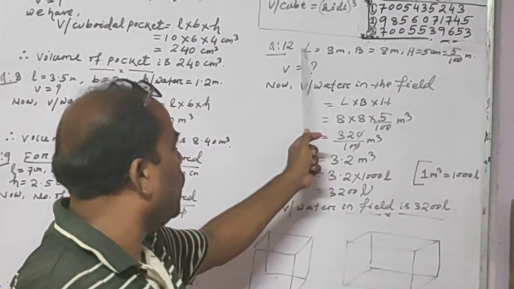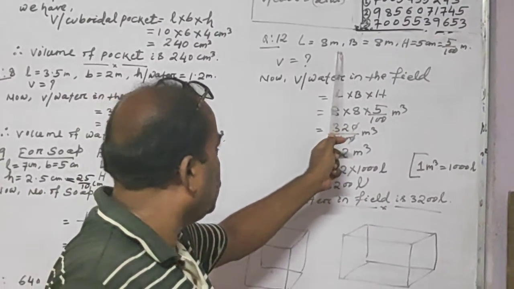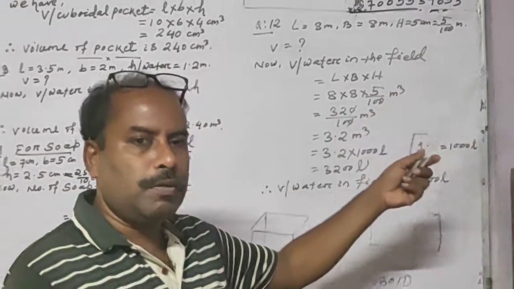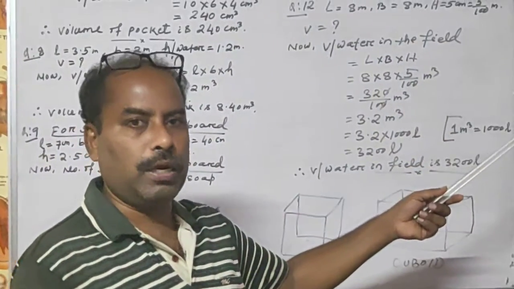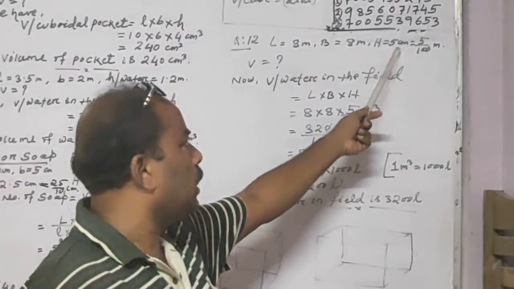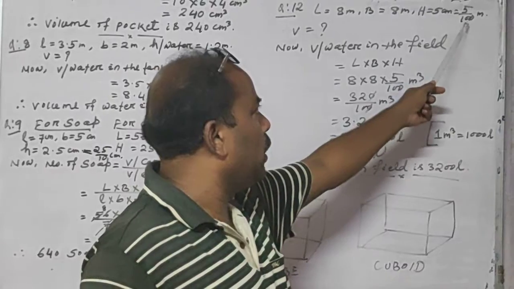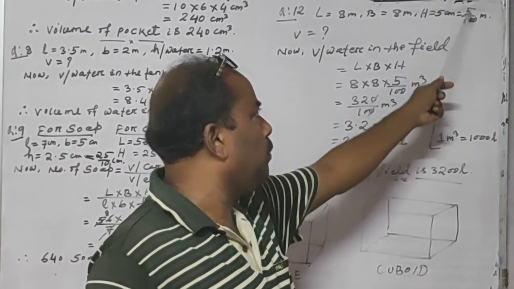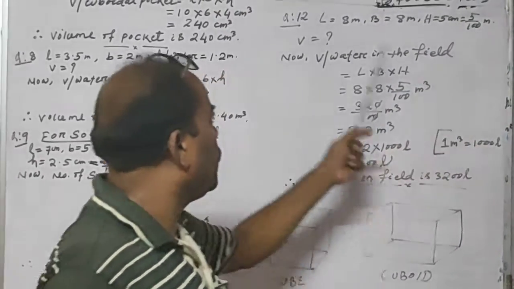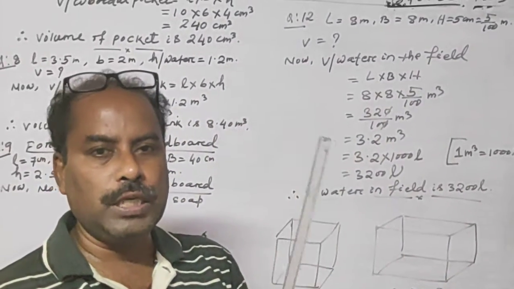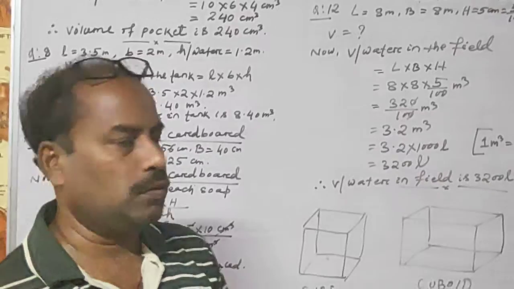As the length and breadth are in meter and the height is in centimeter, we have to convert the unit into meter. To change centimeter into meter, the number is divided by 100. So 5 centimeter will be 5 by 100 meter. Now all three are in the same unit. Always keep in mind that the units should be the same before solving.